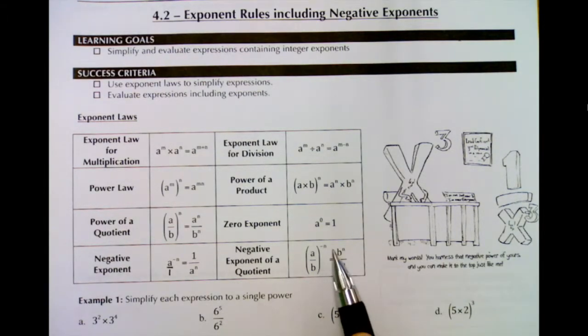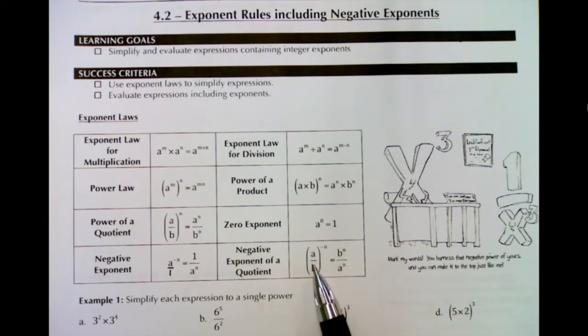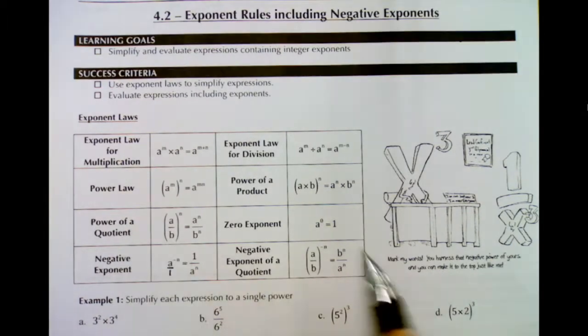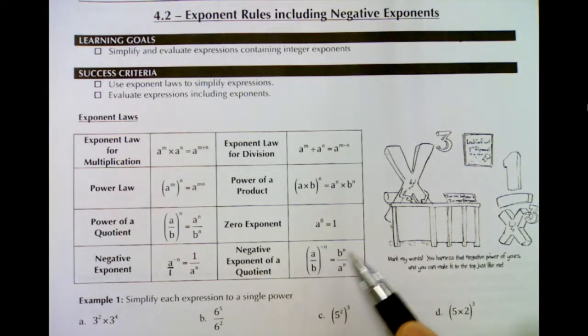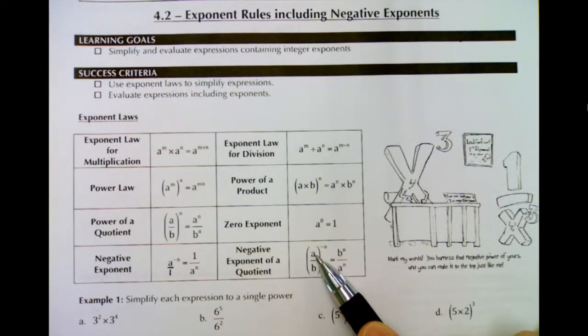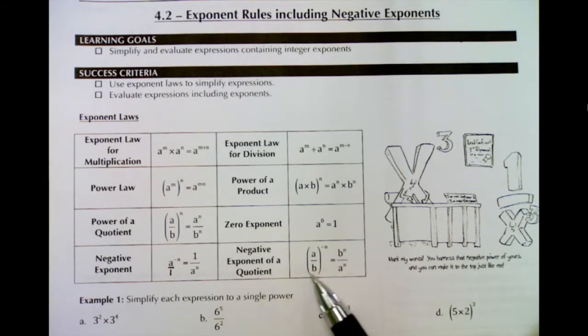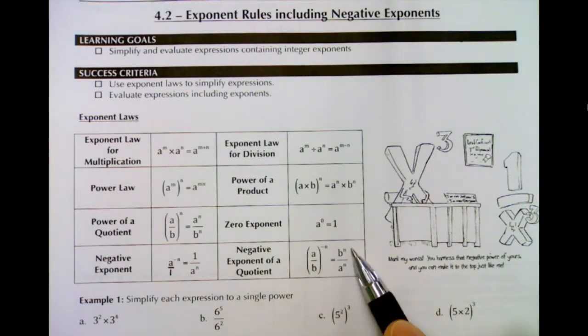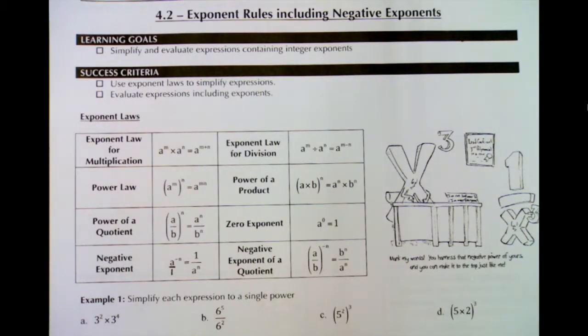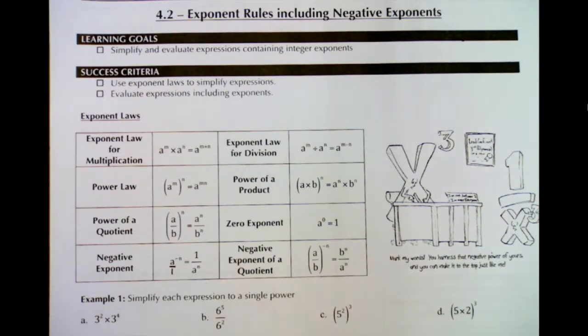This one, both get the negative exponent, like the power of a quotient, and then to make them positive, you would do 1 over. Well, 1 over a to the exponent n would bring the a to the exponent n to the bottom, and 1 over b, when it's on the denominator, would flip it to the top. But what's easiest to remember is probably just flip the base, change the sign. Flip the base, change the sign.